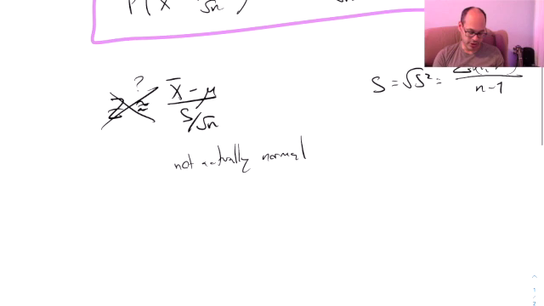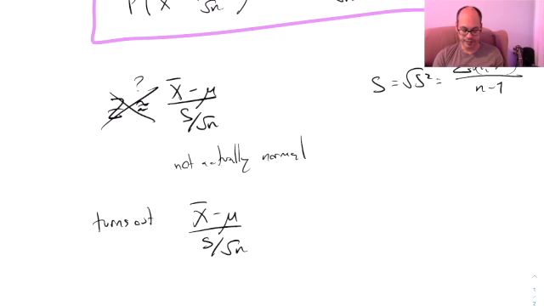But do we give up? No, we do not give up. It's not normal, but it's something else, and the point is we can understand what it is. So it turns out that this particular combination, x bar minus mu over s divided by root n, is a random variable with the so-called t distribution.